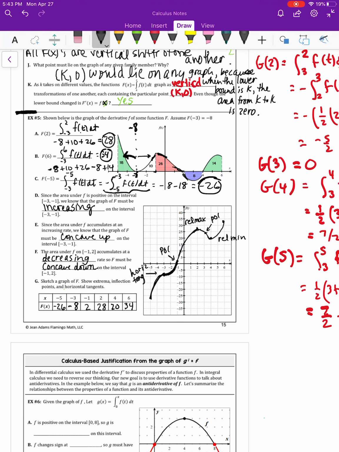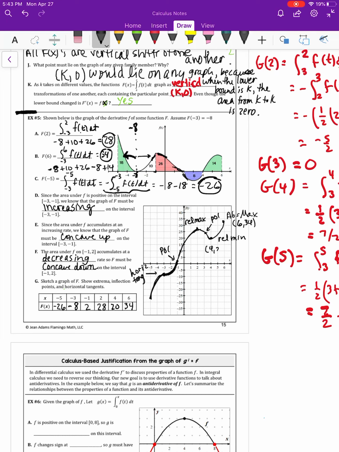Okay, so the only other thing that I did was I put the points on. I put my absolute max up here, and I actually called it a point. So that absolute max was at the point (6, 34).